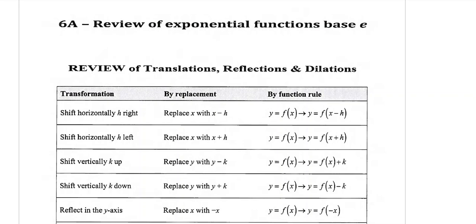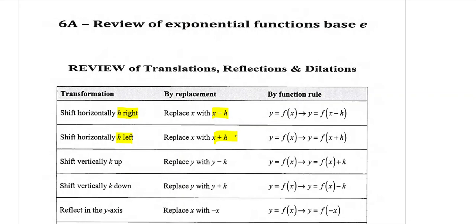If we are trying to shift something horizontally to the right, H spaces to the right, going to the right is the positive numbers, so we have to subtract H. We would substitute in x minus h. Whereas if we go to the left, which is the negative numbers, it becomes x plus h.